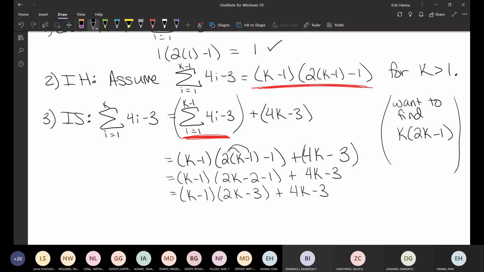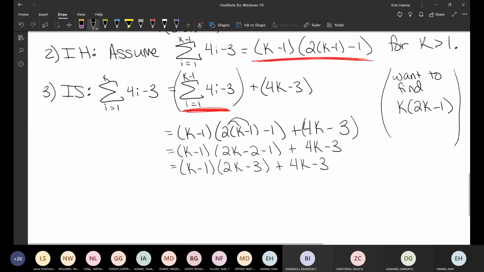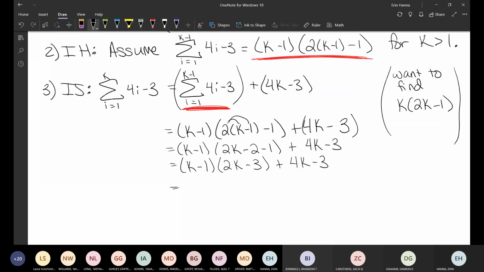Now to go any further, I'm going to have to FOIL the first 2 things that are multiplied together, or distribute if you like. I think most people have heard FOIL before: first, outer, inner, last, you multiply all the things together. So we get 2k squared minus 3k minus 2k plus 3. And then the 4k minus 3 drops down.